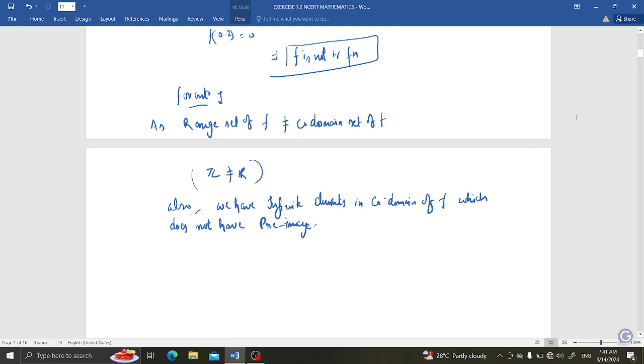I hope you understand this question. So it implies that f is not an onto function.